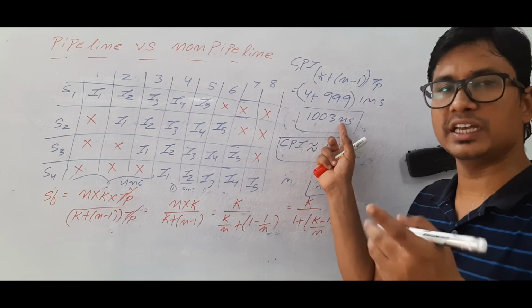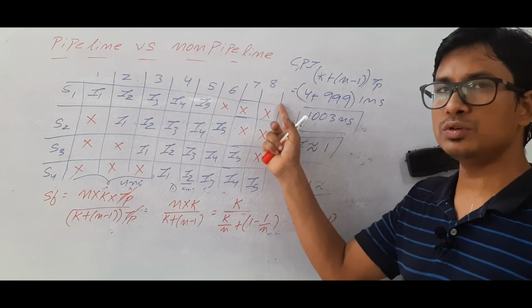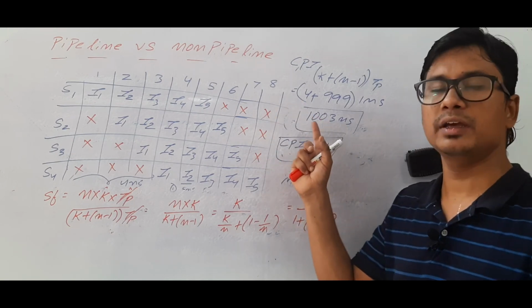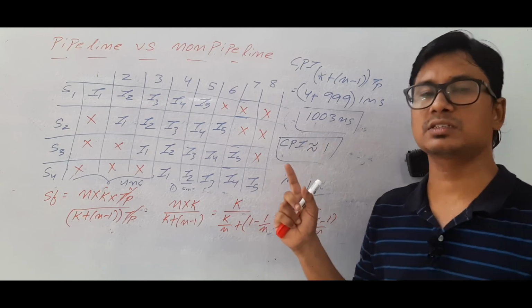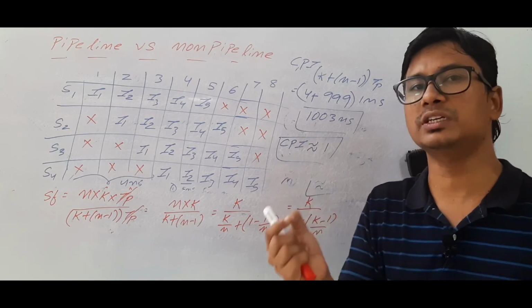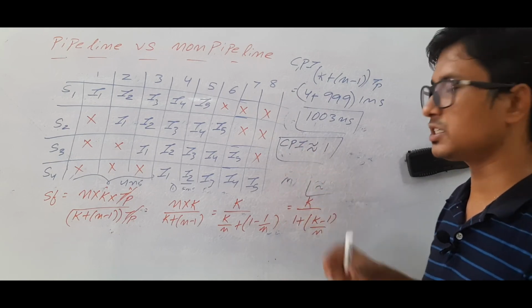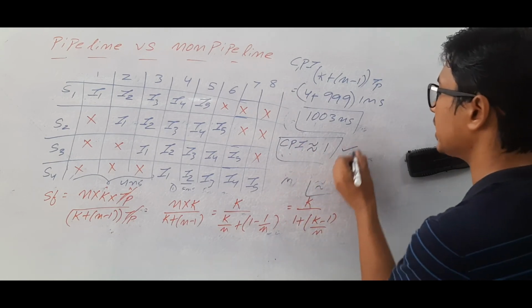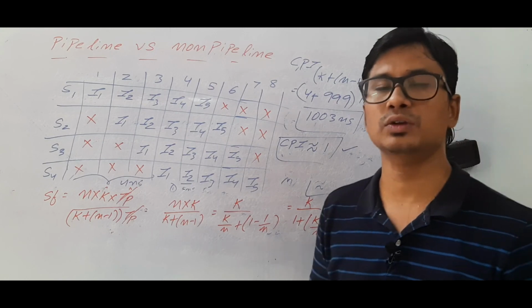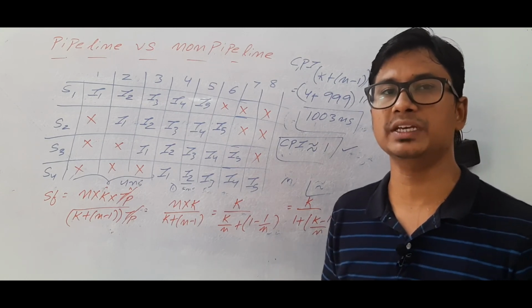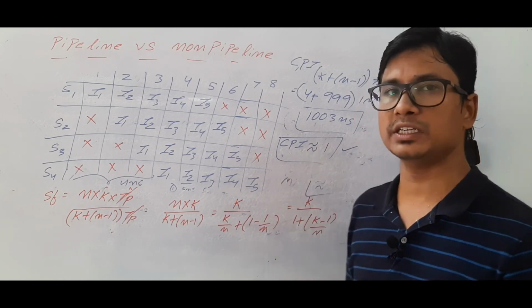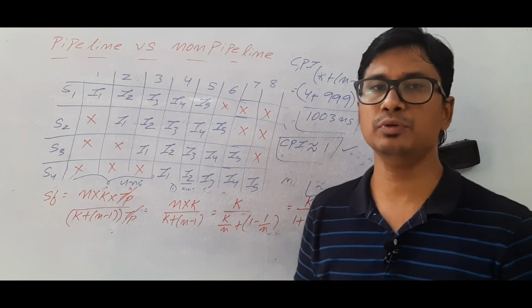Here I am taking each cycle as 1 nanosecond. So 1000 instructions I have completed in 1003 cycles. If you make it a very large number, the cycles per instruction will go up to 1. So that is what I want to say. The ideal pipeline you should make in such a way that cycles per instruction will go up to 1.